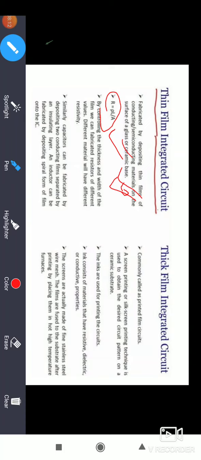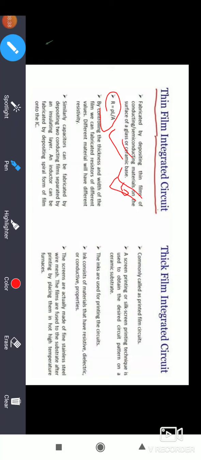Now if you see the thick film IC, it is commonly used as printed film circuits. A screen printing or silk screen printing technique is used to obtain the desired circuit pattern on a ceramic substrate.